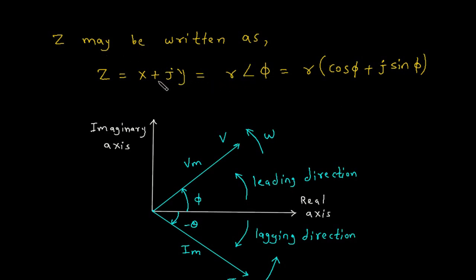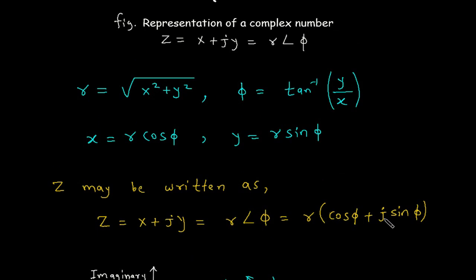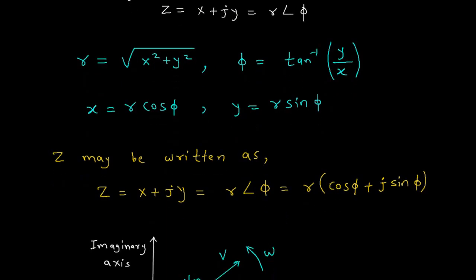Here, if we replace x by r cos phi and y by r sin phi, then from this we will get this equation. We can get this equation using these values, x is equal to r cos phi and y is equal to r sin phi.